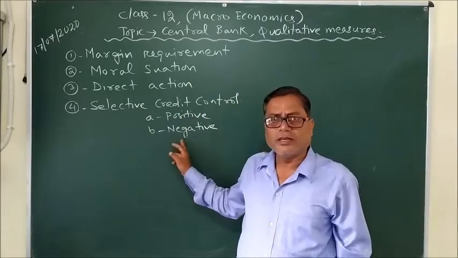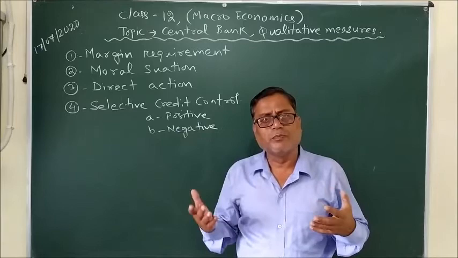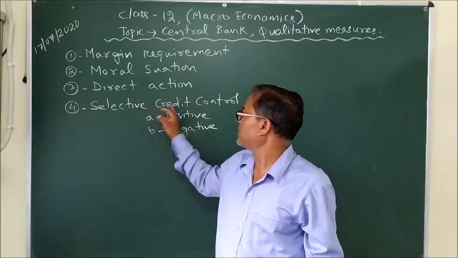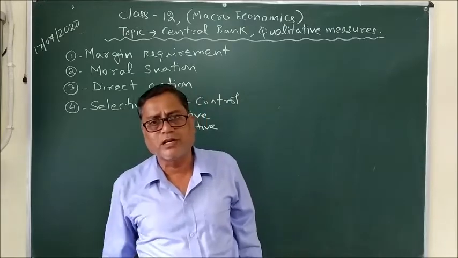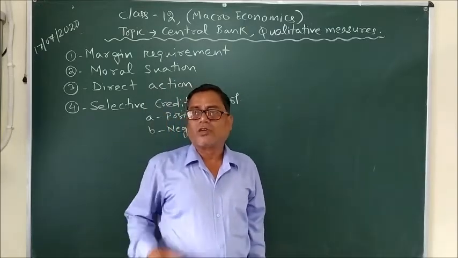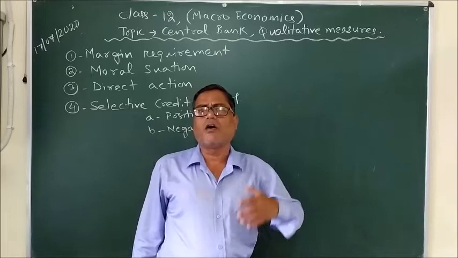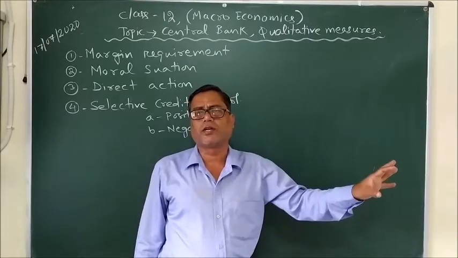On the other hand, the government sometimes applies negative selective credit control, and under this heading, the central bank tries to reduce the level of investment in some particular sector.